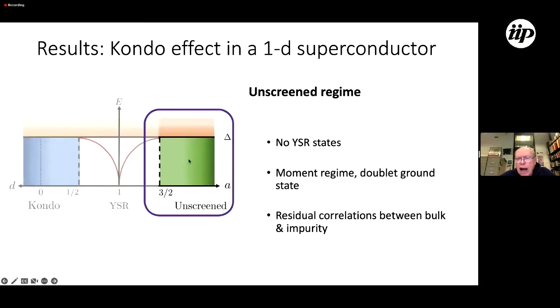And then I will show that there is another regime, an unscreened regime, where we have a spin half moment, and it will have residual weak interactions with the gas of electrons.